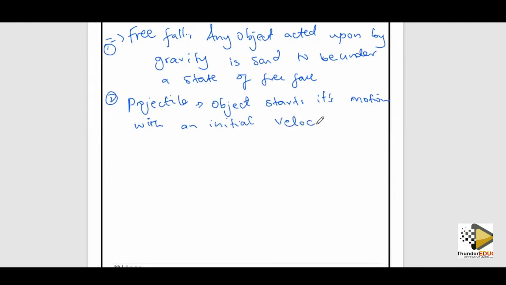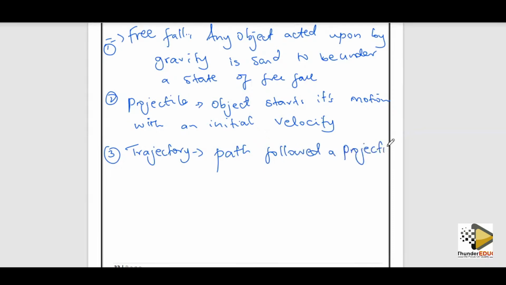This does not mean that the object has to be just thrown upwards. It can be thrown upwards, it can even be dropped, or any other scenario. And then we have what we call a trajectory. A trajectory is basically the path that is followed by a projectile, or the path that is taken by a projectile.